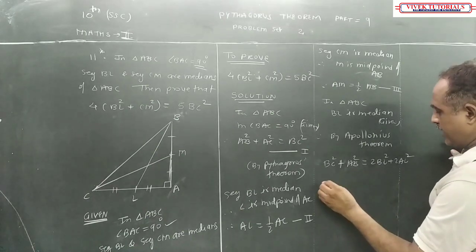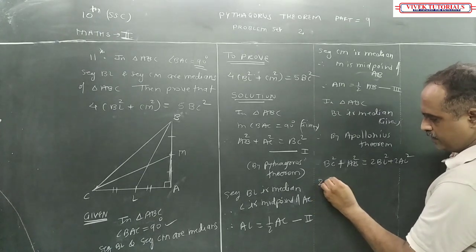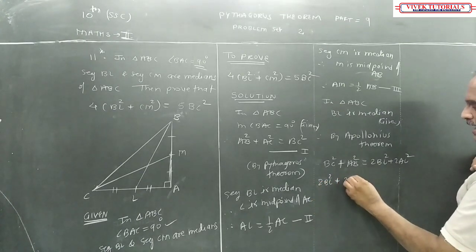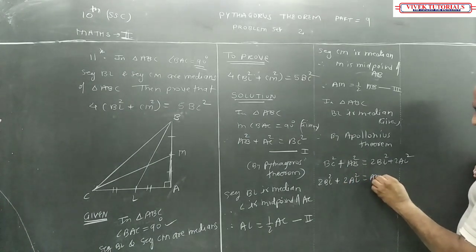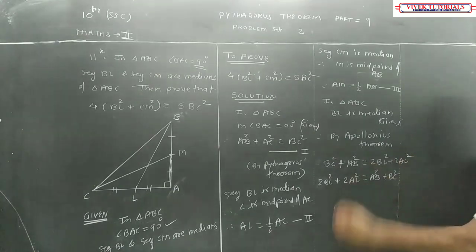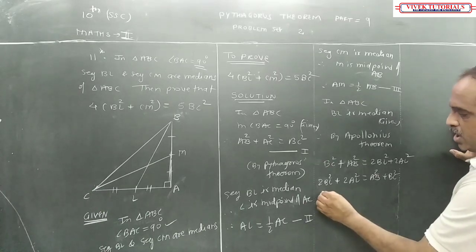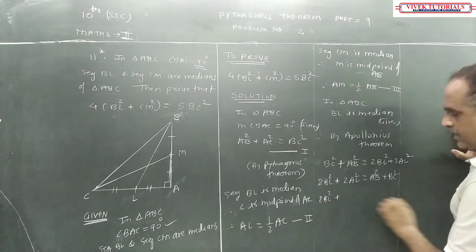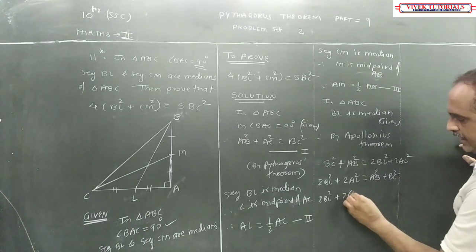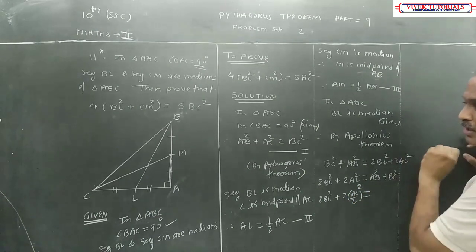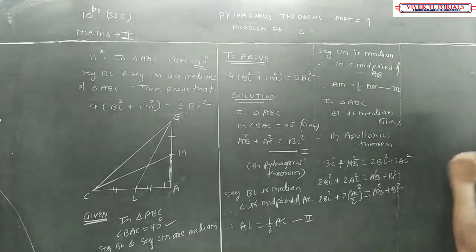So we can write 2BL square plus 2AL square is equal to AB square plus BC square. Instead of AL, what I can write is 2 in bracket AC upon 2 the whole square is equal to AB square plus BC square.